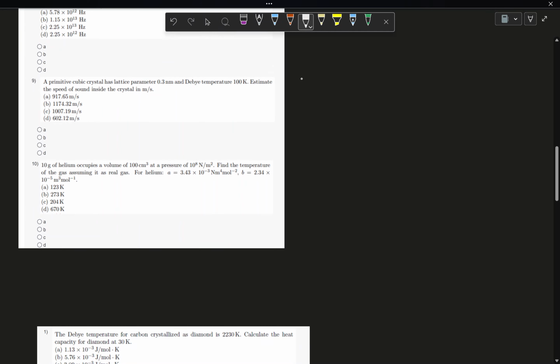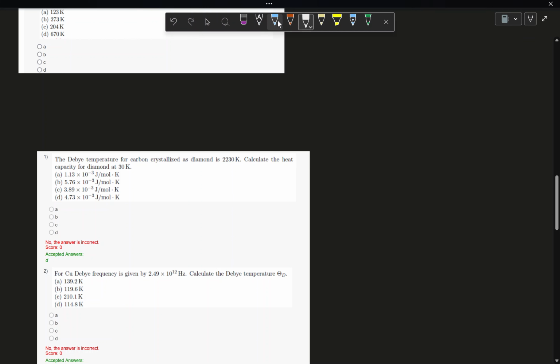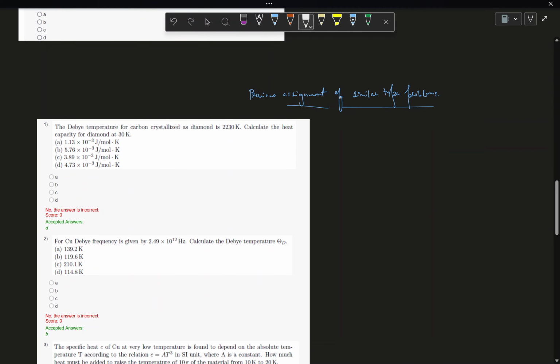All of this I will not solve rigorously, because as I said, most of the problems that I will be solving here are from the previous assignment of similar type problems. Basically we'll read the question one by one and then solve it.